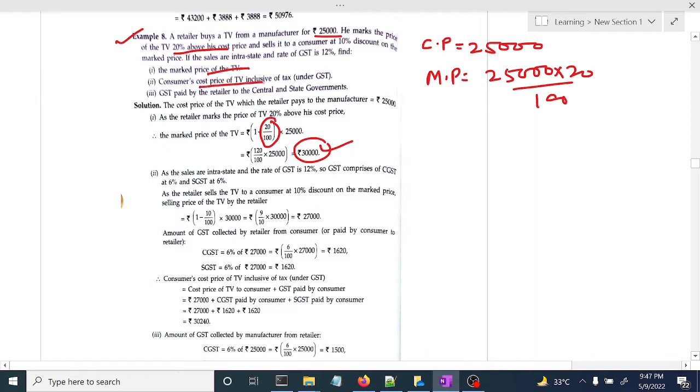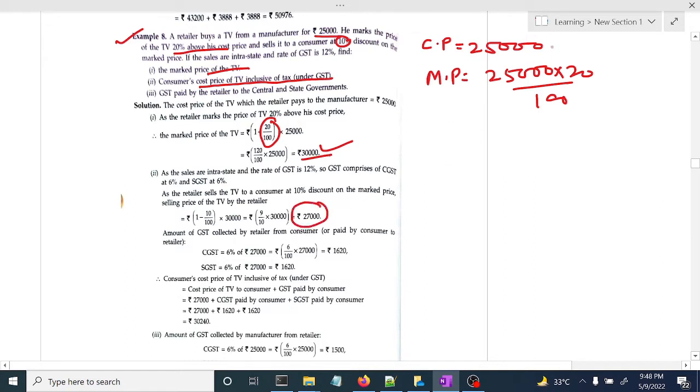Consumer cost price of the TV inclusive of GST. How much is the consumer paying? So on this marked price he is giving a discount of how much? 10%, right? Consider a 10% discount. So he is giving 3,000 discount on this, right? So this is the selling price.